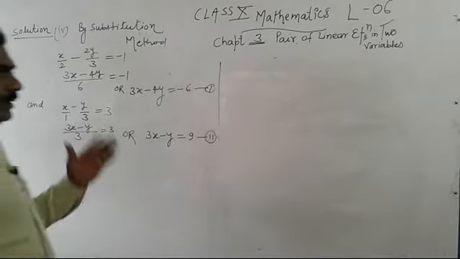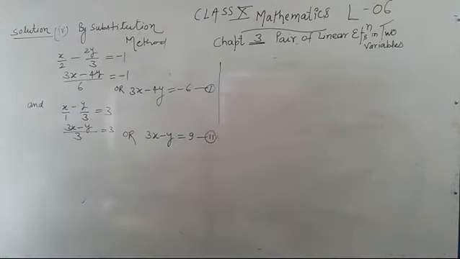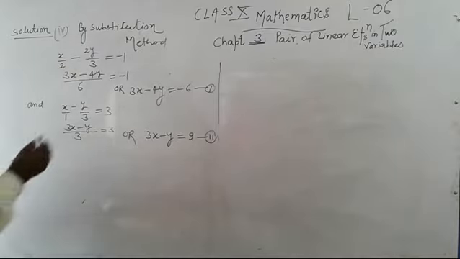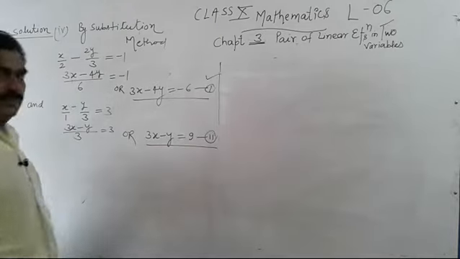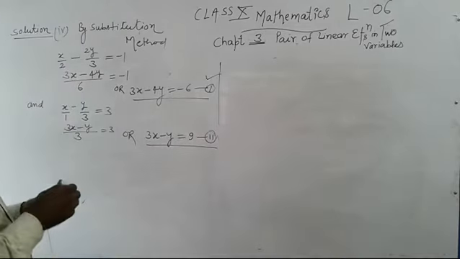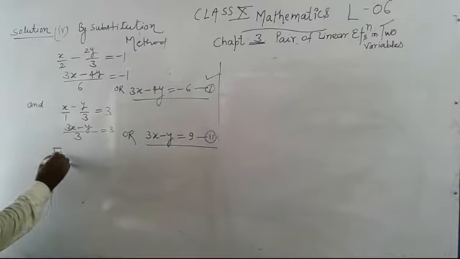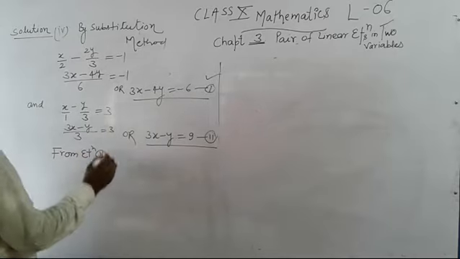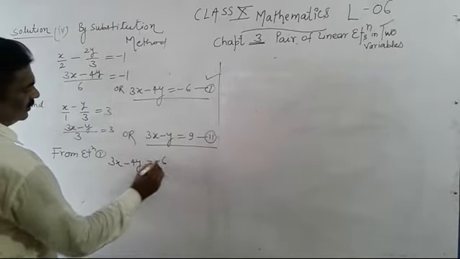Students, now the same question by the method of substitution. We have the first equation and this is the second equation. Now from equation first, 3x minus 4y is equal to minus 6.